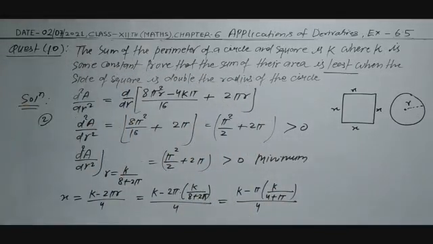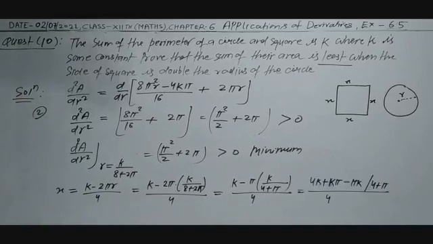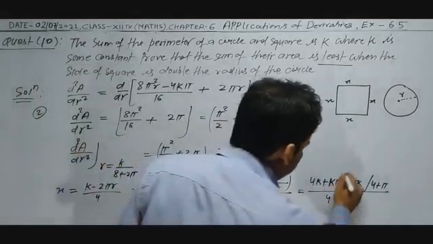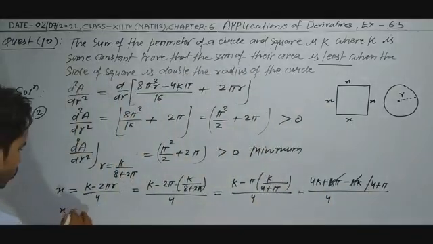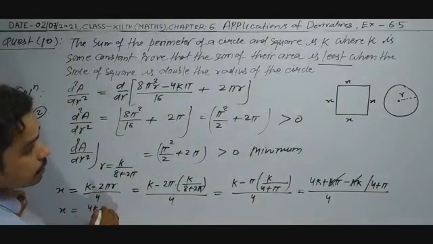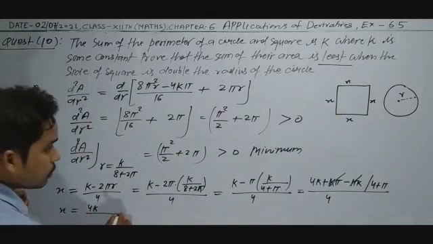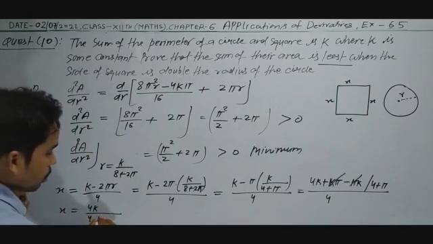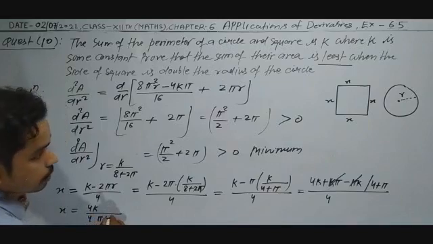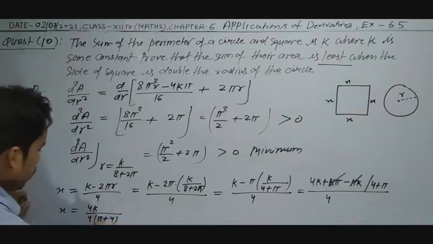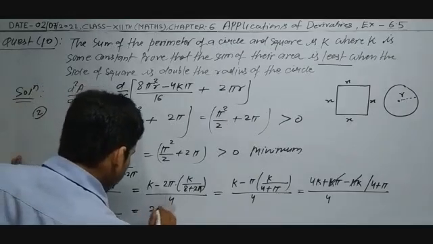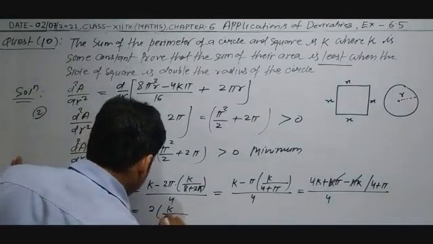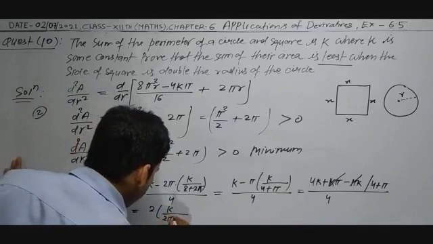Now you can simplify. This is the result, k pi minus k pi will cancel out, result will be x is equal to 4k whole upon 4 times pi plus 4, and this 4 term will cancel out, result you can write 2 times k upon 2 pi plus 8.